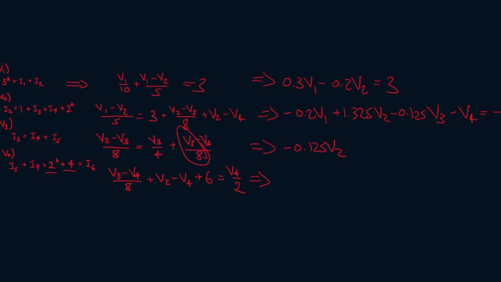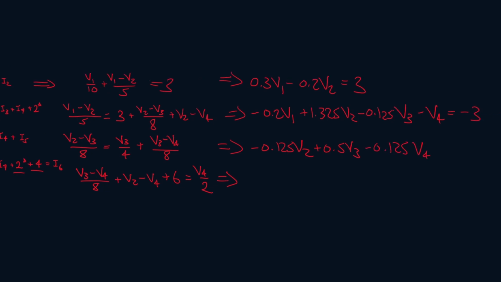That gives us 0.5 V3. Then all we have left is minus V4 over 8, which is minus 0.125 V4. And this is all equal to 0.